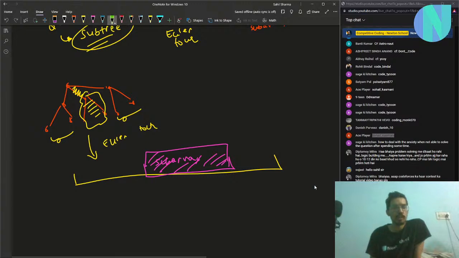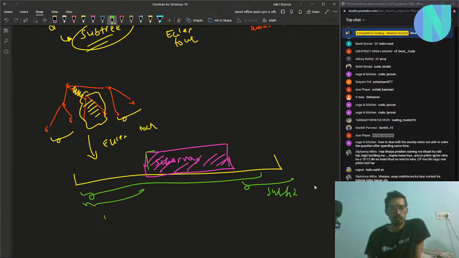So now from the leftover array, we have to find the maximum length. That is really easy. You can find this subarray, and then from the suffix and from the prefix, you can easily find your maximum length. That is not that hard.